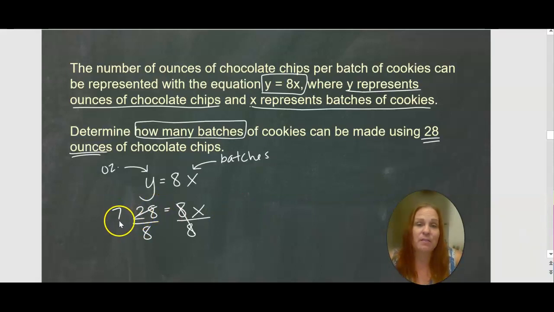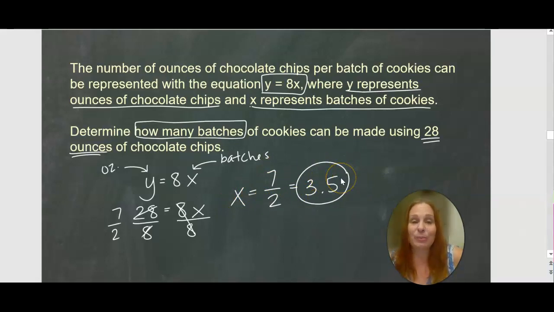This would become a 7, and then this would become a 2, and 7 divided by 2 is 3.5. So I would get that x is equal to 7 over 2, which is 3.5. So I can make 3.5 batches of cookies using that 28 ounces of chocolate chips.